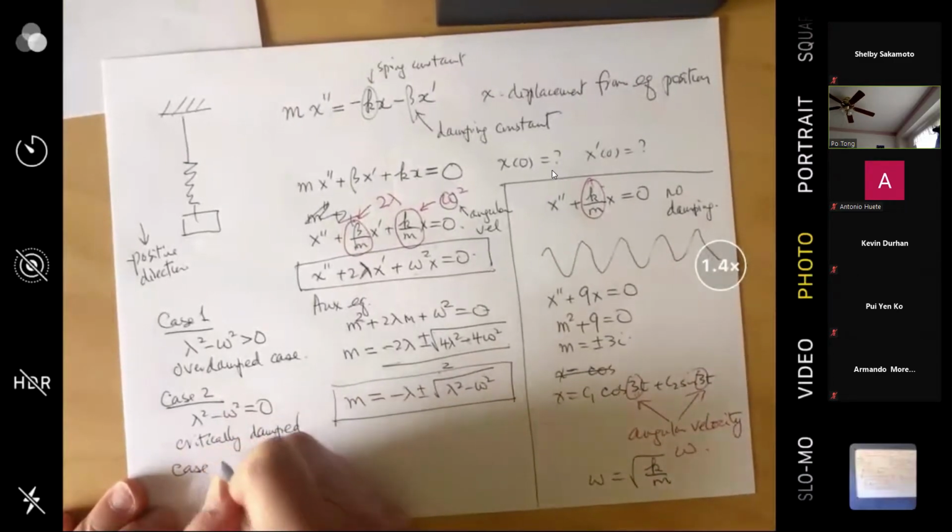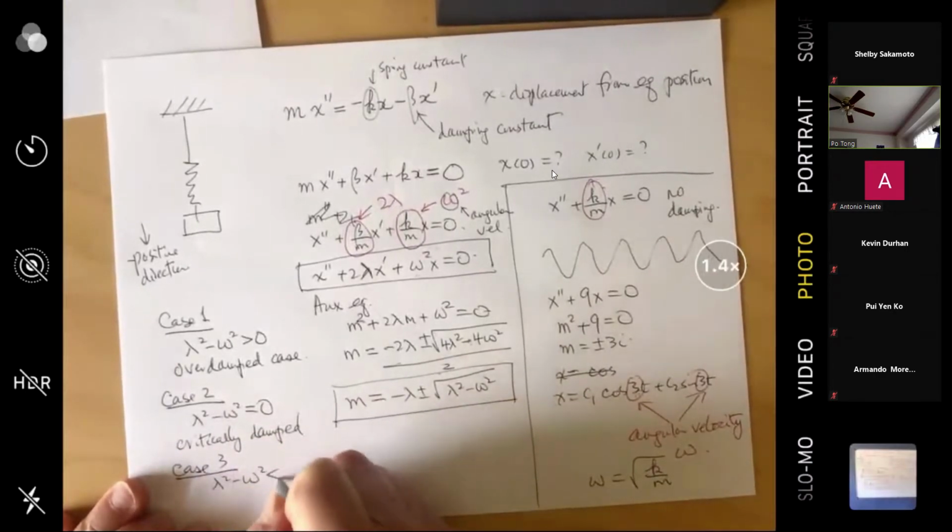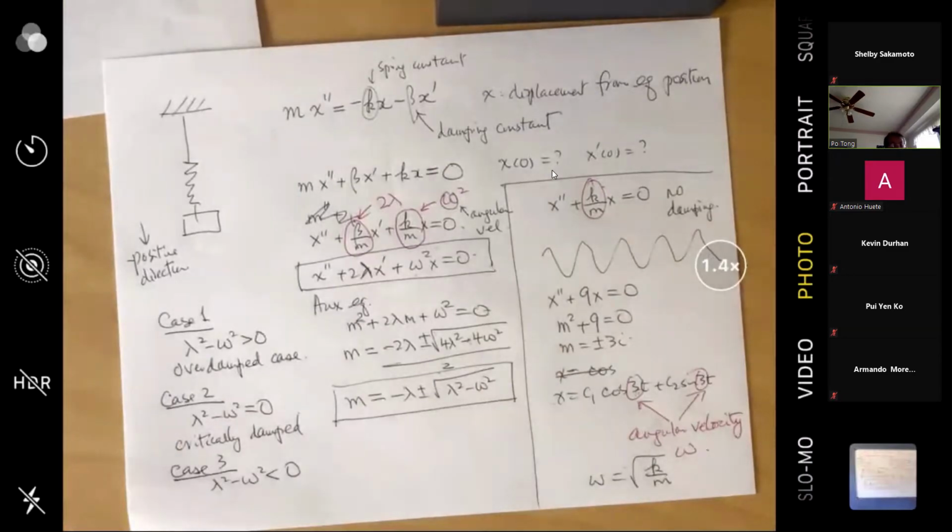And case 3, this is less than 0. When that guy is less than 0, what happened? Complex number. The complex number will need sine and cosine, which is going to keep bouncing. But the amplitude gets smaller and smaller, but it still keeps bouncing.